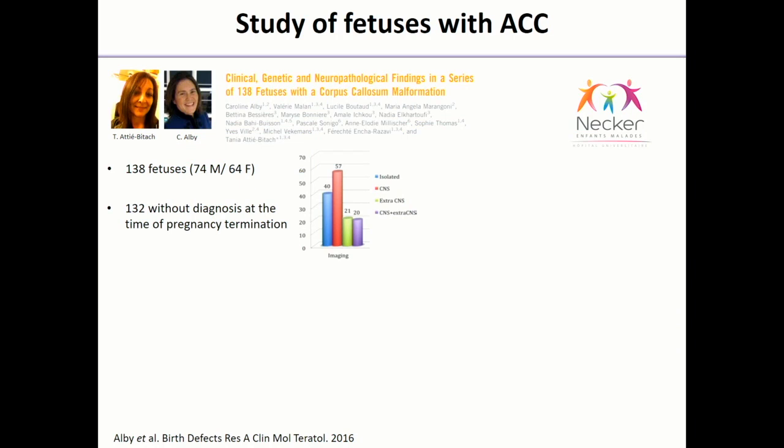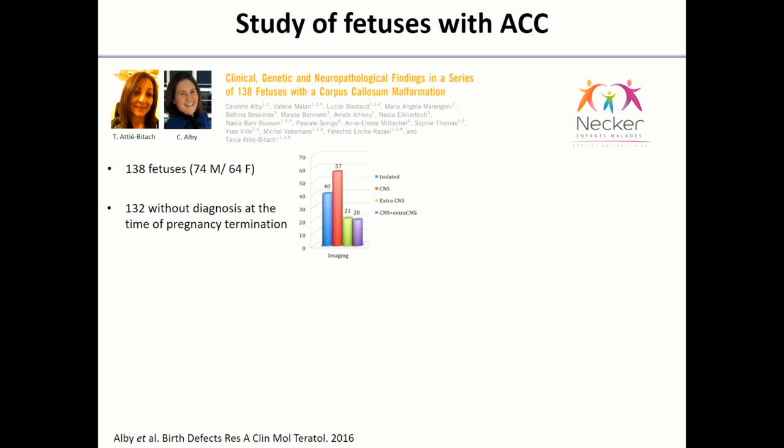So the fetal study has been published, or part of it has been published, almost 2 years ago now. It included 138 fetuses, and most of them had no diagnosis at the time of the pregnancy termination.